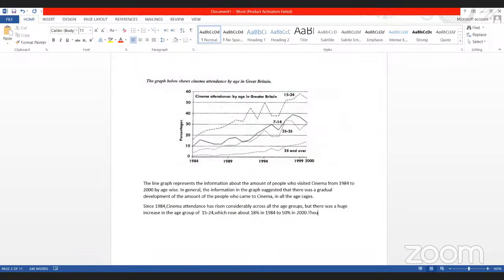So though the figures, right? Figures fluctuated, right? So the figures fluctuated between, right? Between 1990 to 1995.